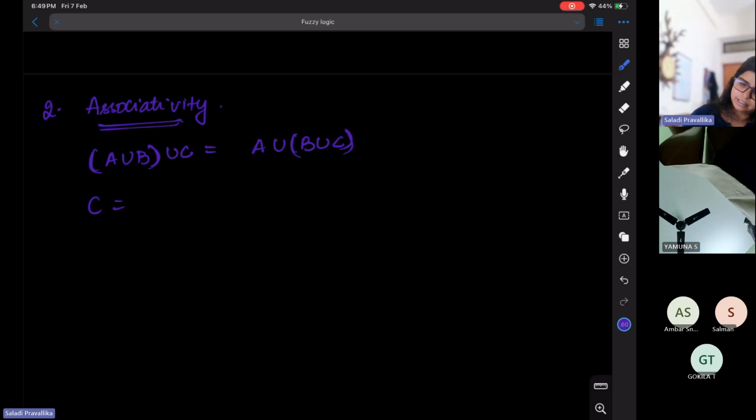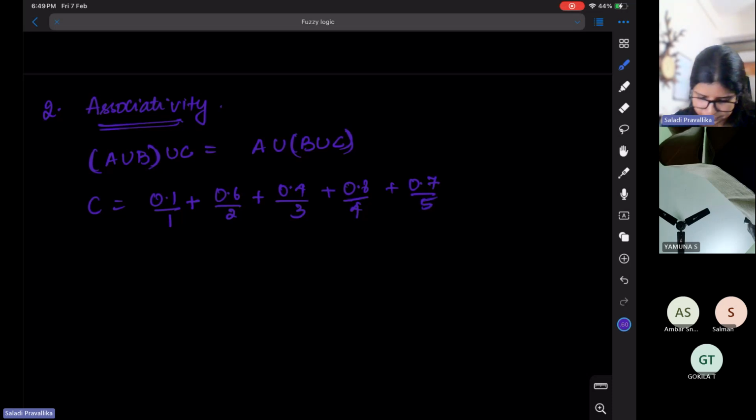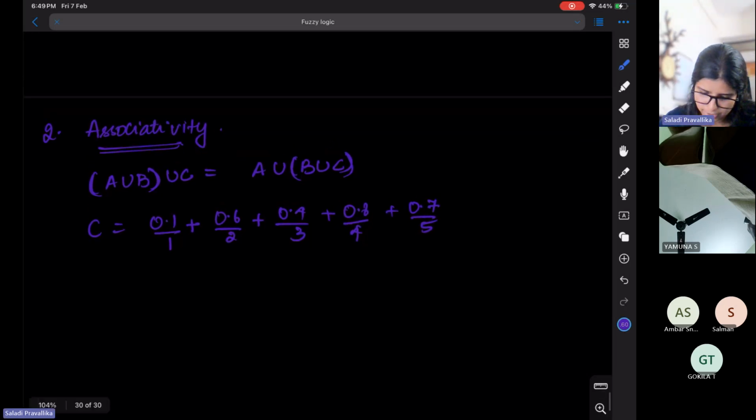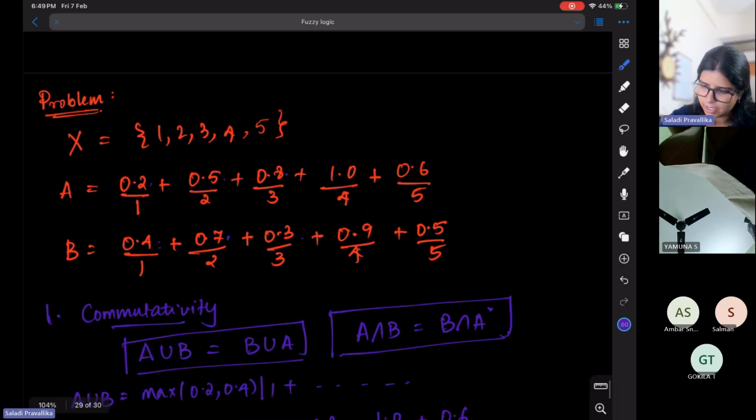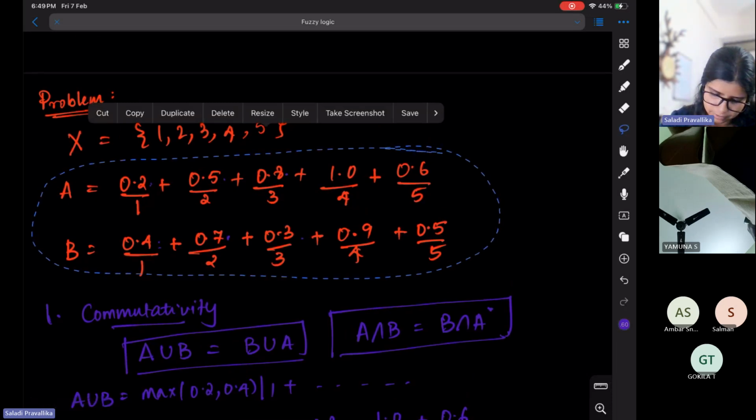Let's take C as 0.1 for x equal to 1, 0.6 for x equal to 2, 0.4 for x equal to 3, plus 0.8 for x equal to 4, and 0.7 for x equal to 5. We need A and B values also, right? So let's bring our A and B values.